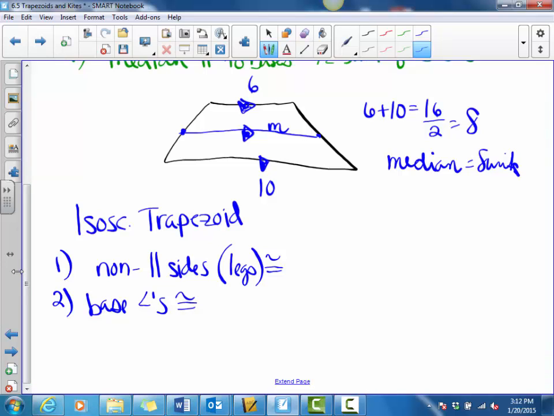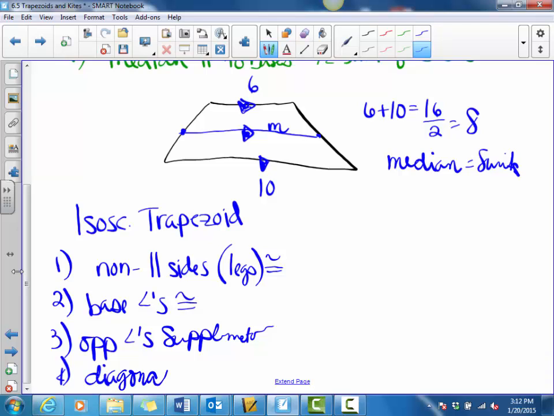We know that the opposite angles are supplementary. And the last thing is that the diagonals are congruent. Okay, so that's the stuff that we know about kites and trapezoids.